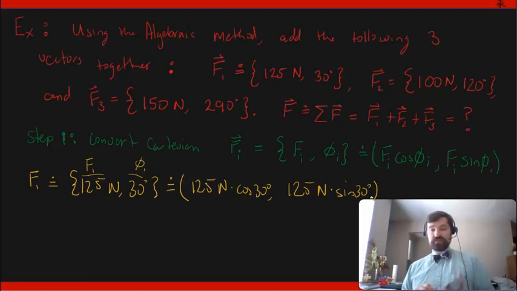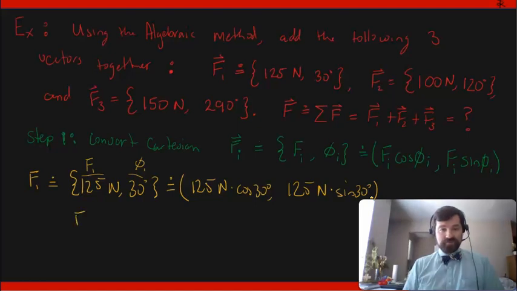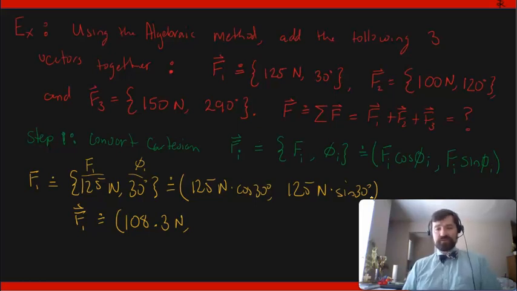Make sure that you are in the correct mode, specifically degree mode. 125 times the cosine of 30 degrees gives me 108.25, so I should round it to 108.3 newtons, comma, and then the other one, 125 times the sine of 30 is 62.5 newtons.